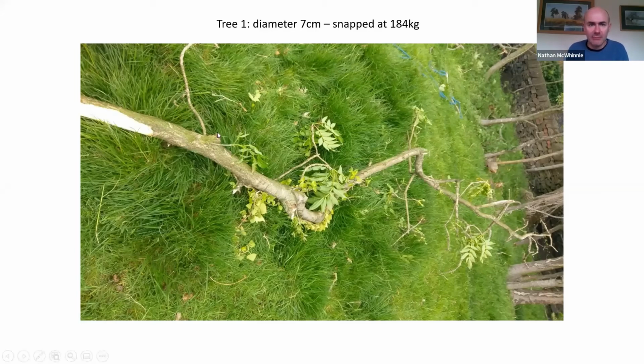So wherever you get a snapped branch, the fungus can get in there, and you can start to get brittleness and decay way beyond where you've got live growth.